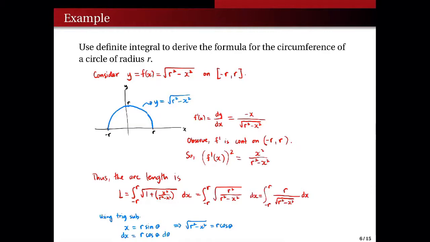Which means this will have the integral from negative r up to r. Still have that r there. And then we have the r cosine theta d theta, which will replace the dx here. And then on the denominator, you'll have r cosine theta.